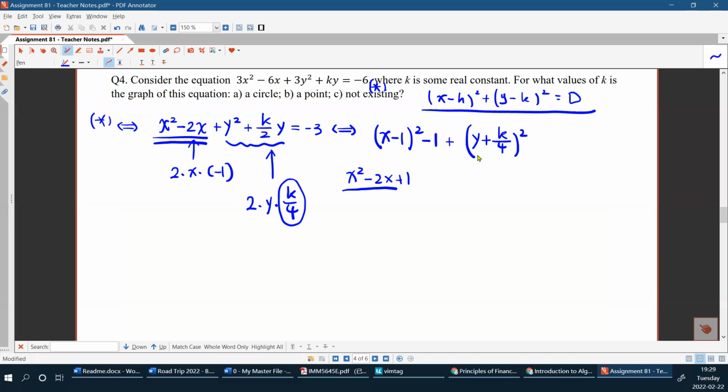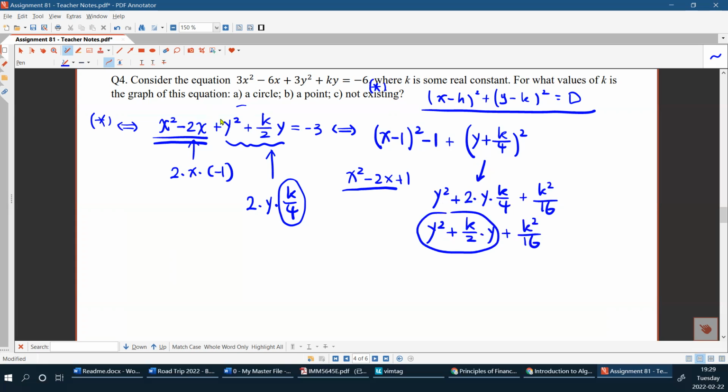Again, if you expand it on a scratch paper, you will get y squared plus 2ab, which is 2 times y times k over 4, plus k squared over 16. This is y squared plus k over 2 times y, plus k squared over 16. As you can see, the first two terms are exactly the same as the two terms here, but there is no k squared over 16, so we need to subtract it.